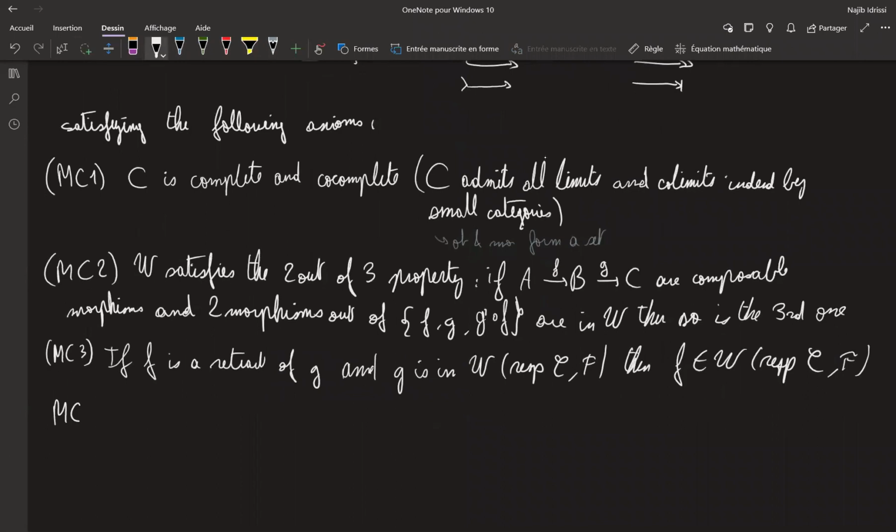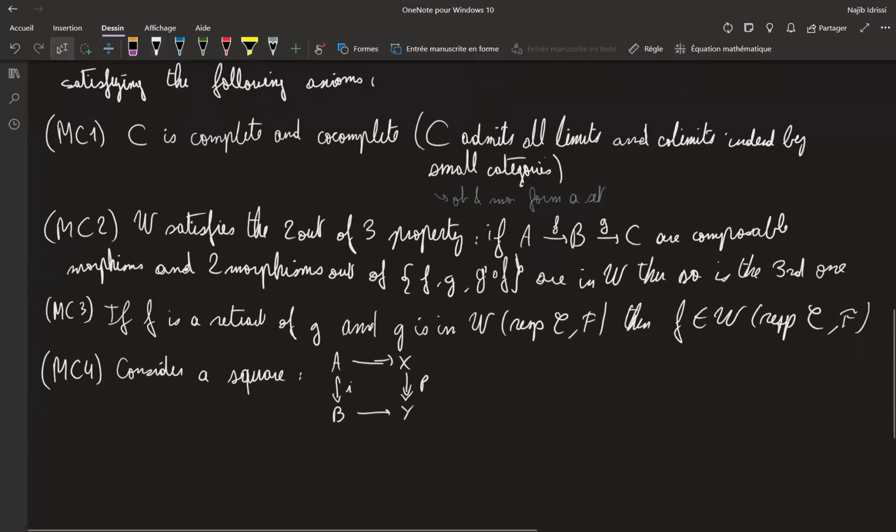The fourth one starts to become much harder in general. So consider a square like this, commutative square, where you call this map I and this map P. Well, you have two axioms.